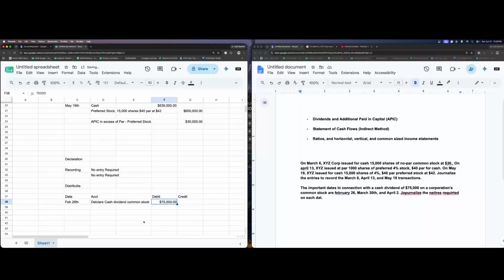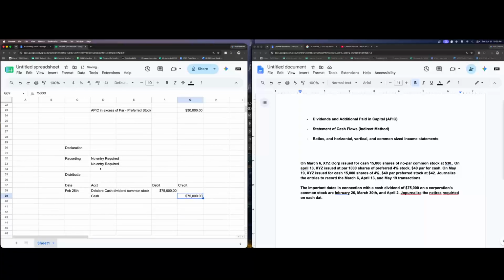I kind of forgot how to do this, but most likely it comes out of cash, so $75,000 probably credit out of cash. I could be wrong. I'm going to double check this, but there's going to be no entry required for March 30th because this is just the recording part of it.